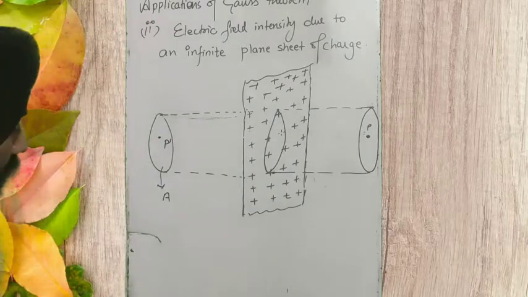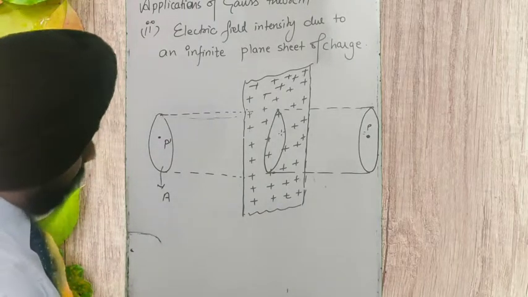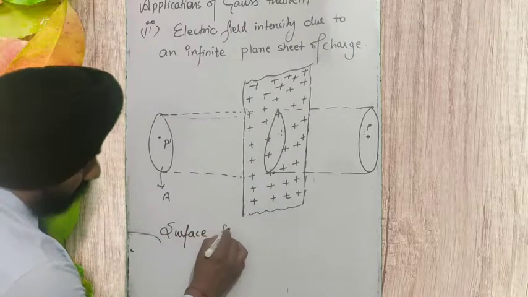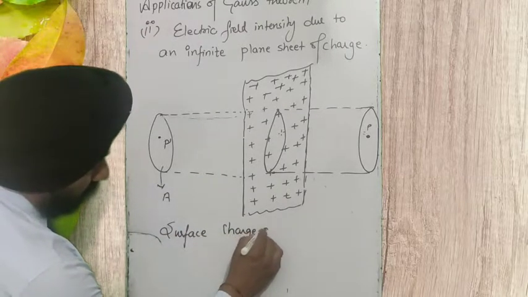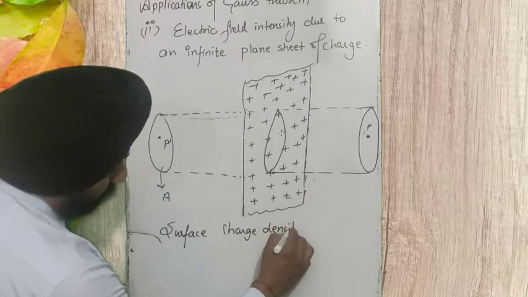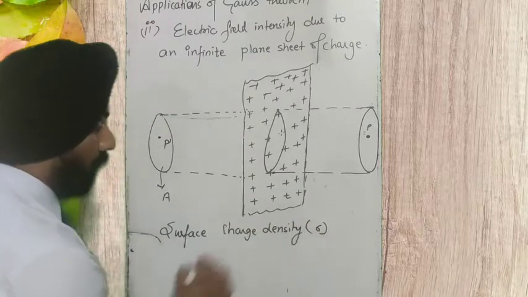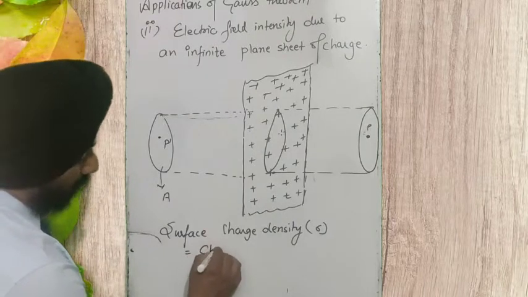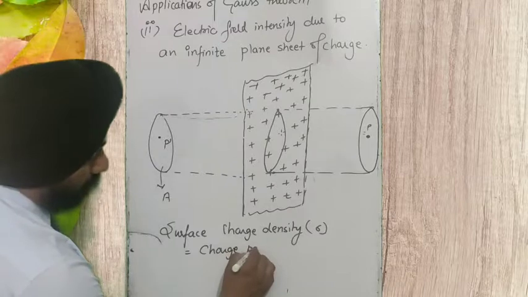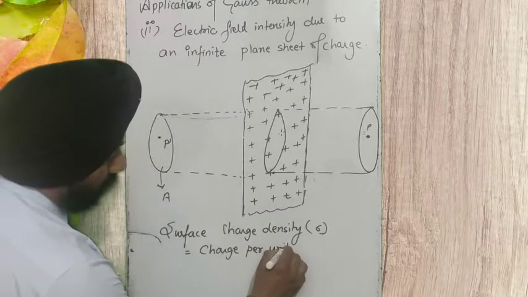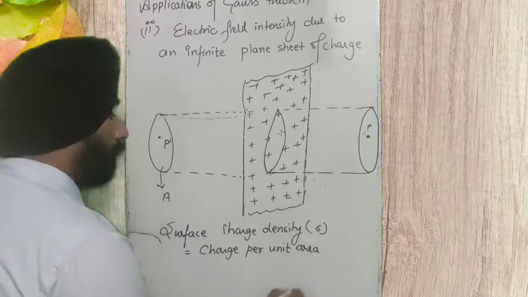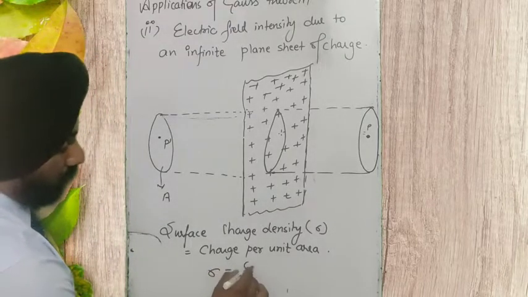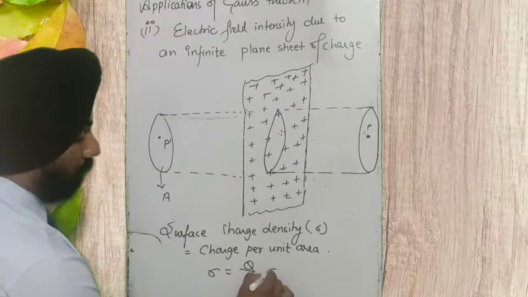Here I'm going to introduce the term surface charge density, which we denote by sigma, and it is charge per unit area.